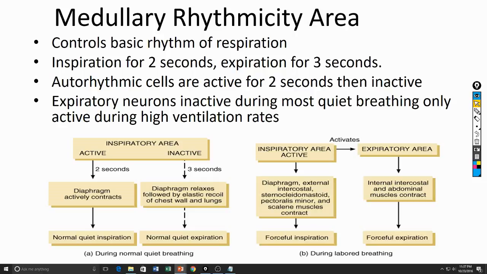Roughly, we can characterize this as additional muscles around the thoracic cavity and or up in the neck. Basically, the muscles surrounding the pulmonary system get activated, which causes more forceful breathing, both in and out. So you have more forceful inspiration and more forceful expiration.